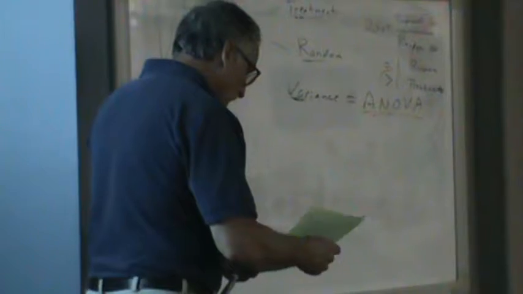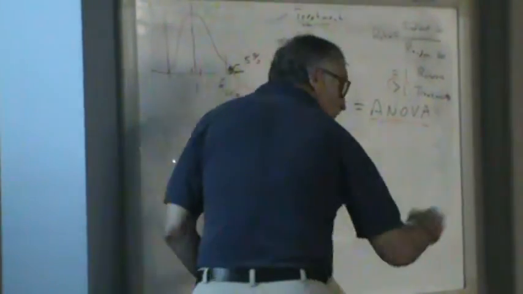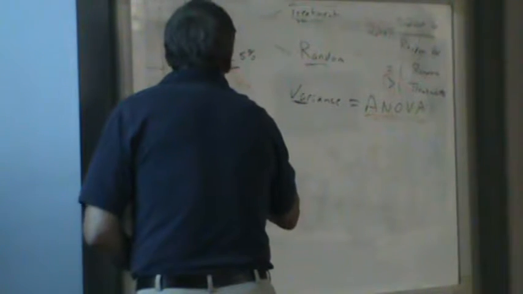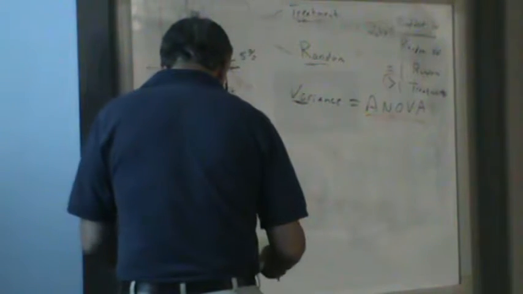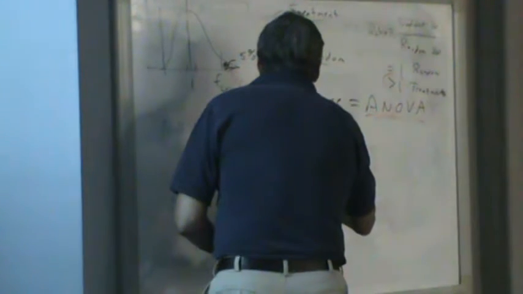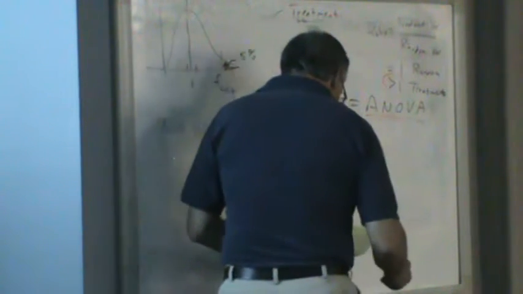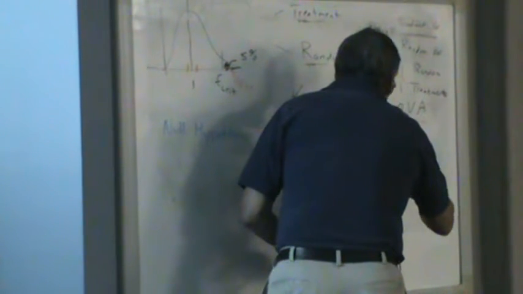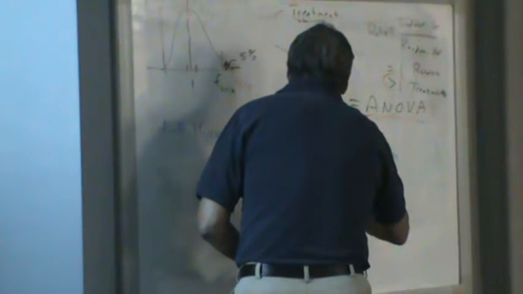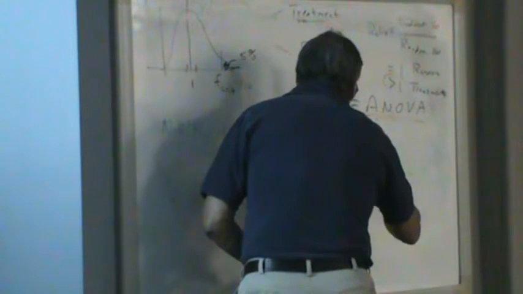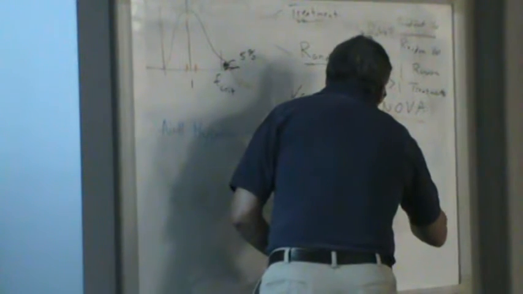In most situations, not all, our null hypothesis, which they always denoted with an H0, is just that all of the means are equal. What means? These are the means from the treatments. That makes sense, right?